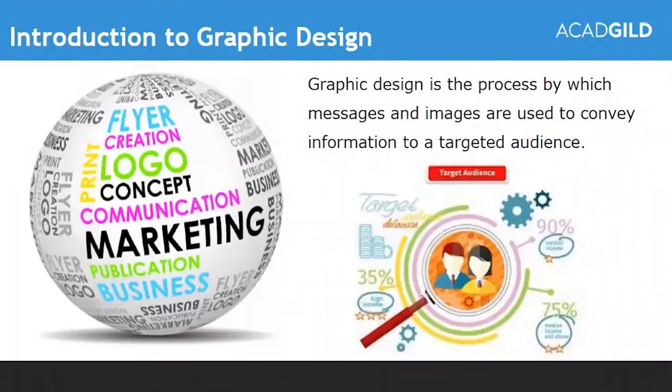Here you can see one magnification I have used and some lines to pass our message in different terms. You can see lines and some percentages. This is called infographics. Infographics are nothing but using pictograms to convey or pass the message to the audience.